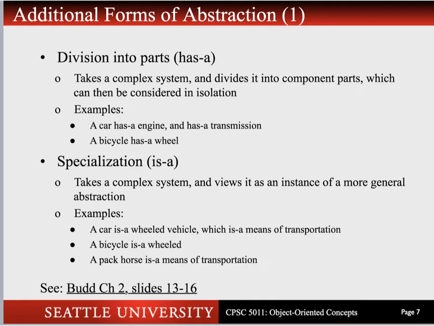Specialization is designated with is-a statements, and it takes a complex system and views it as an instance of a more general abstraction. The example in the book has a hierarchy that defines this specialization model. At the very top, we have a means of transportation, which can be specialized to a wheeled vehicle, which can further be specialized to a bicycle or an automobile.